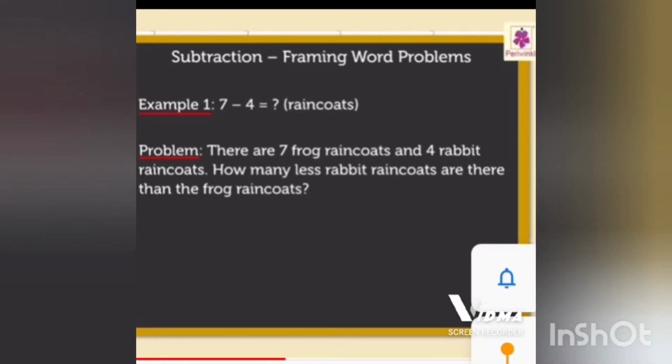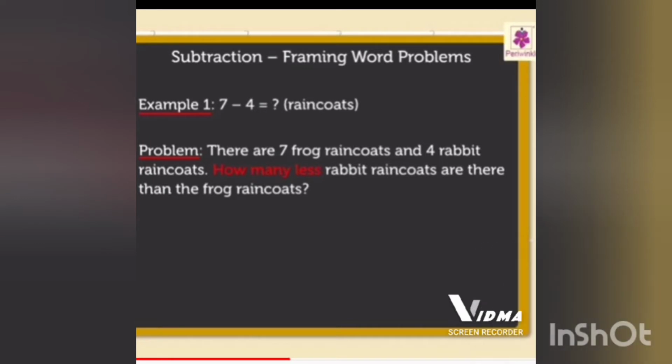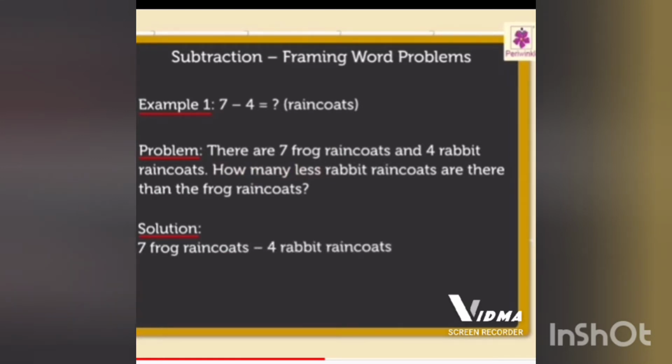Here we have used the words how many less to represent subtraction. Now let us find the solution to this problem. So 7 frog raincoats minus 4 rabbit raincoats is equal to 3 raincoats.